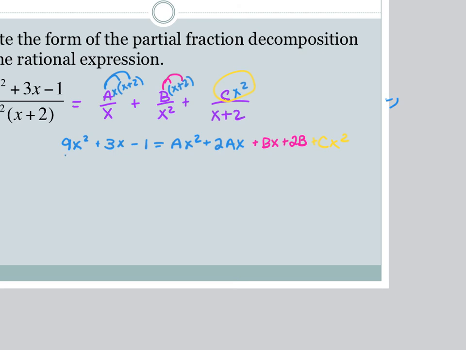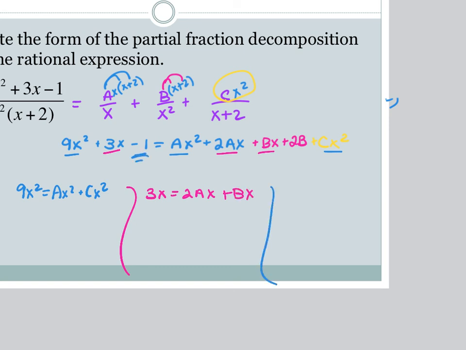Group together all of your x squareds. 9x squared equals Ax squared plus Cx squared. Group together all of your x's. 3x, 2Ax plus Bx. And your constants. So B equals negative 1/2.